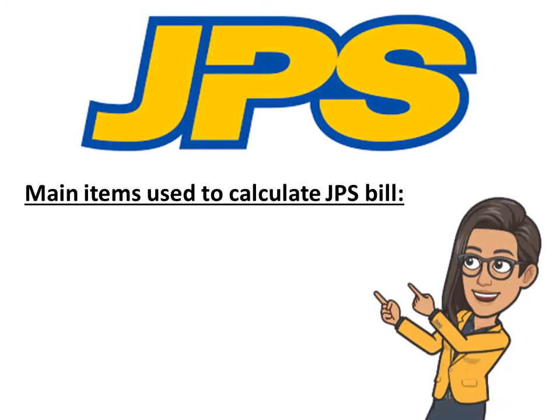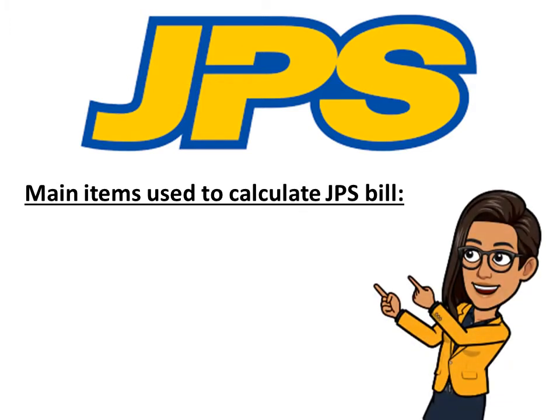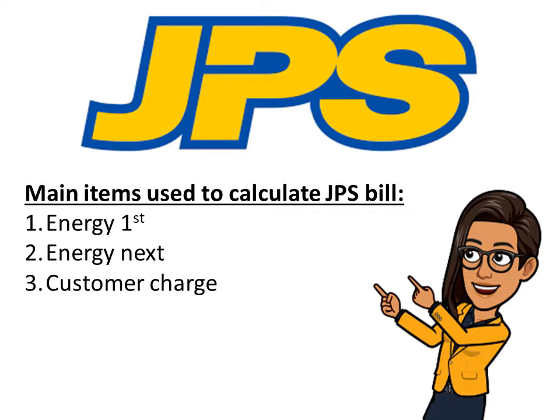In order to calculate our JPS bill, we have to look at these 6 items: energy first, energy next, customer charge, F/E, fuel and IPP, and finally GCT. We're going to go into detail as to what each of these 6 terms mean, so stay tuned, all right?